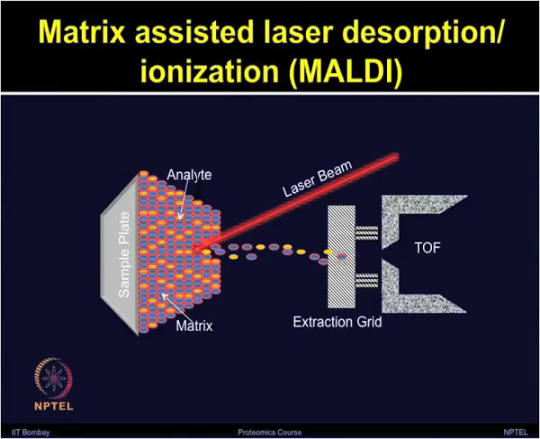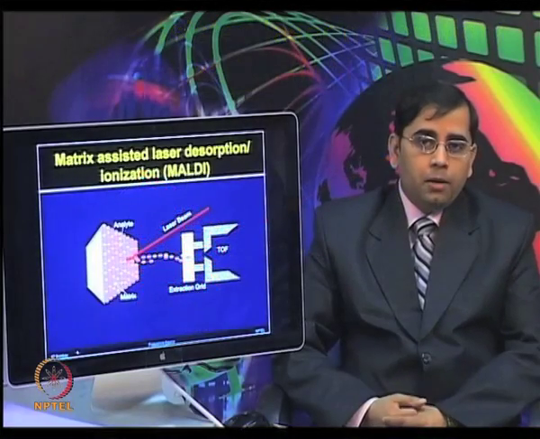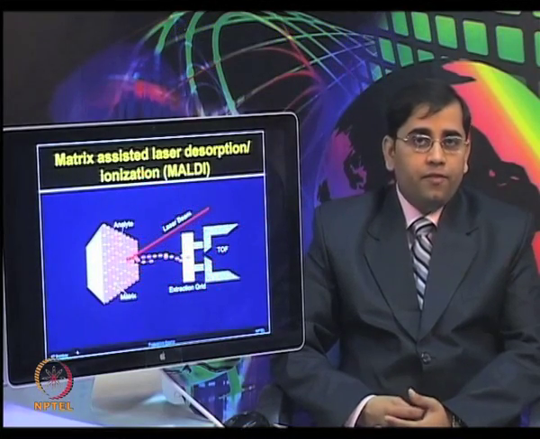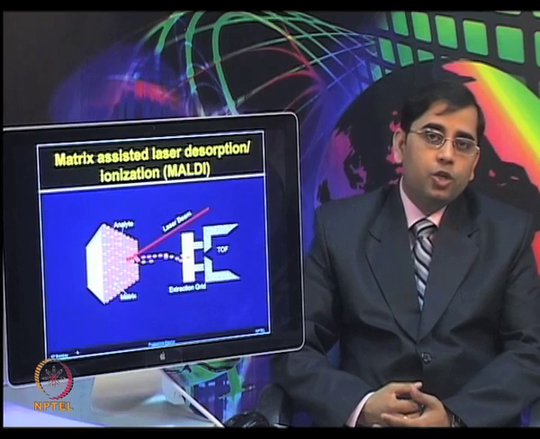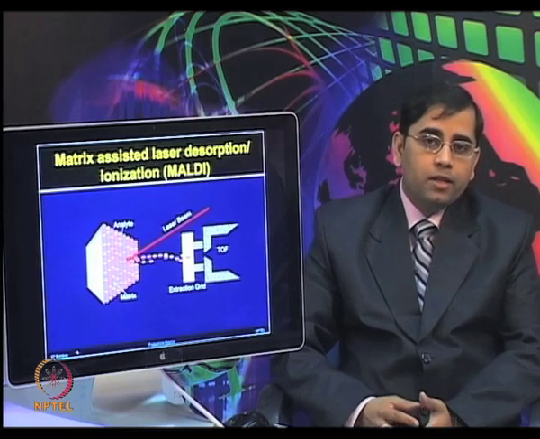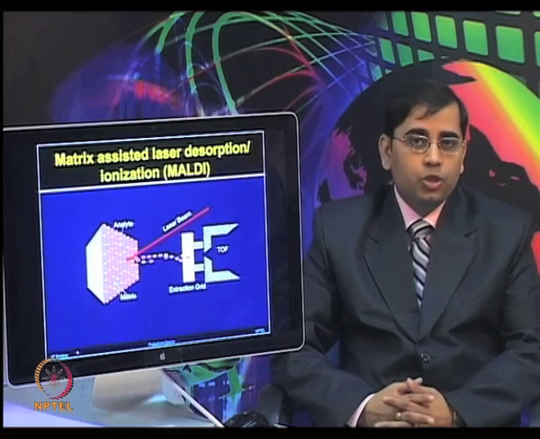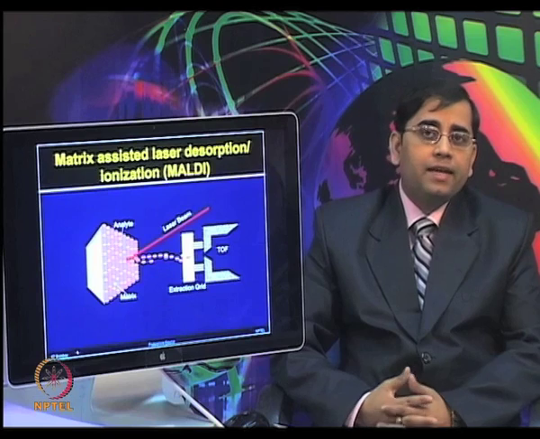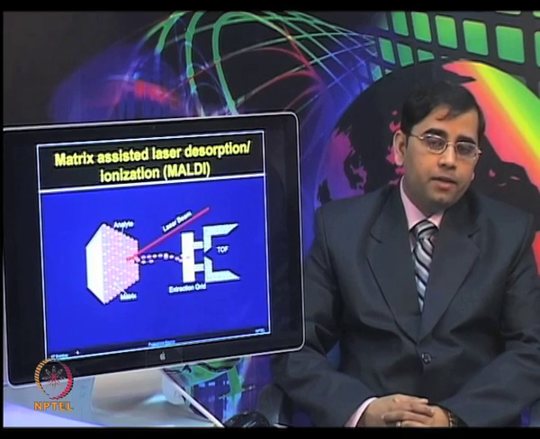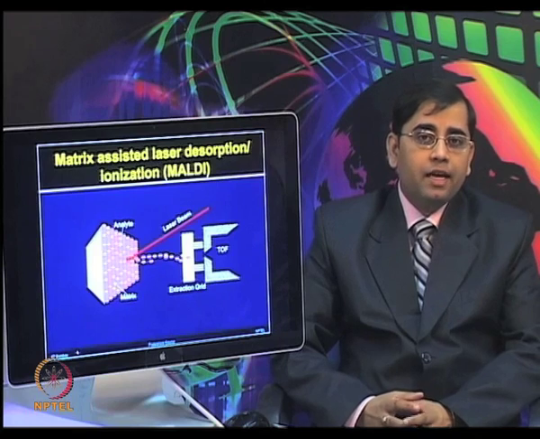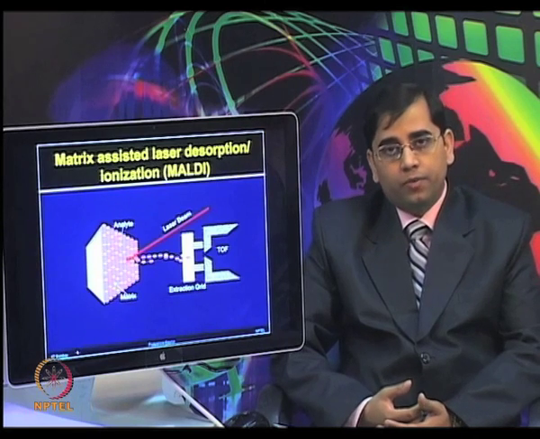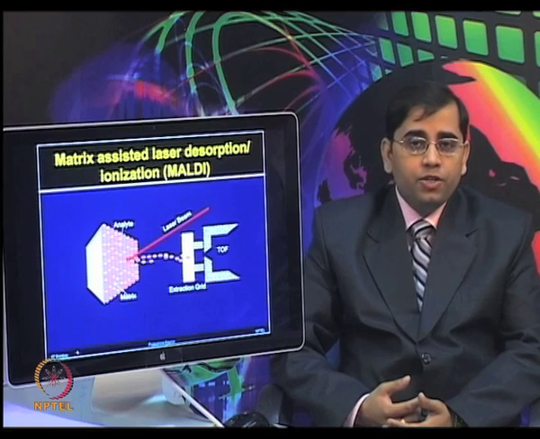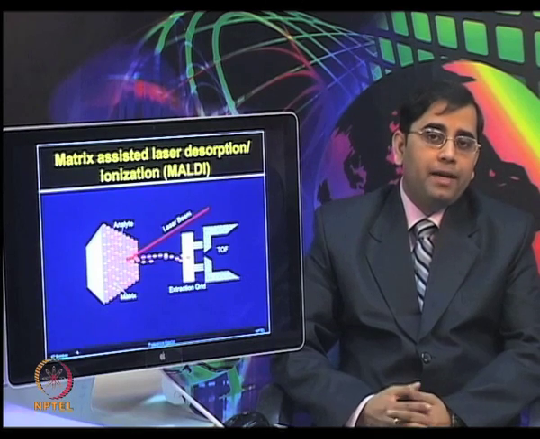There are various types of matrices available, which we will talk about in more detail when we come to sample preparation and matrix selection. But just for your reference, we can use 2,5-dihydroxybenzoic acid, we can use sinapinic acid, and there are several other choices. Once you have selected a matrix for the experiment, the analyte and matrix can be dissolved in an organic solvent, after which it can be placed on the metallic target.